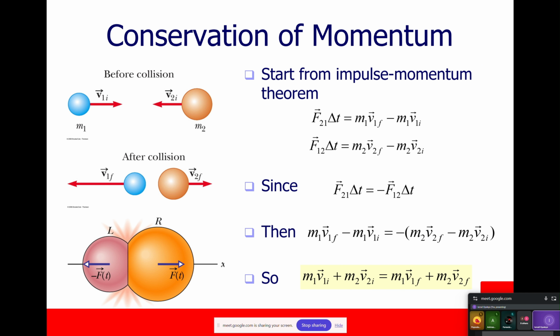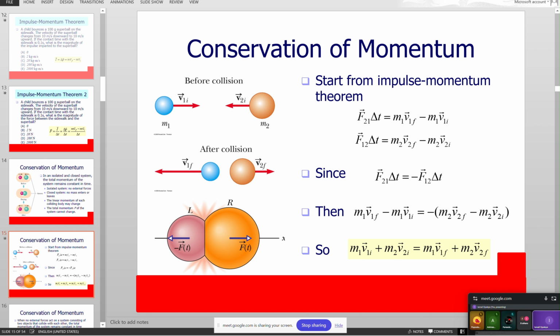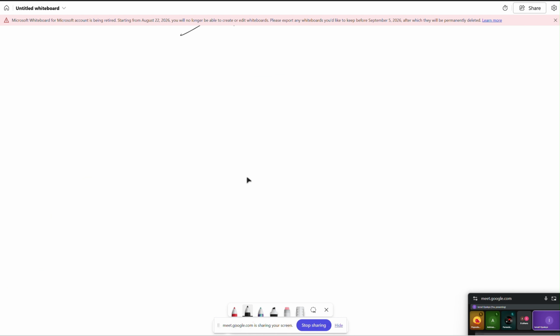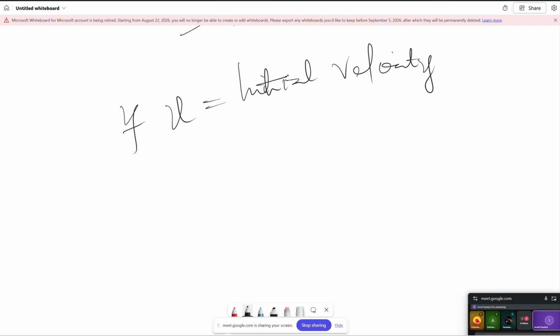That is M1. Let me use our normal symbols now, using letter U to represent initial velocities, and V to represent final velocities for those objects, as the case may be for better understanding.